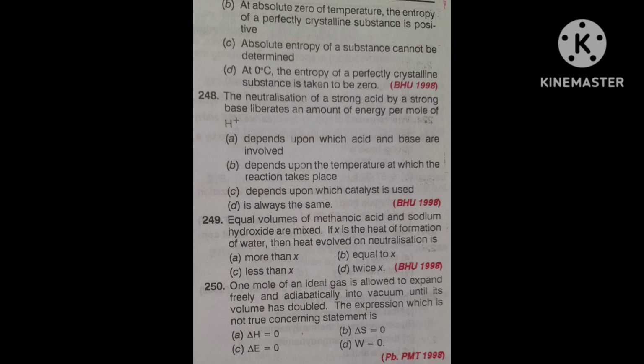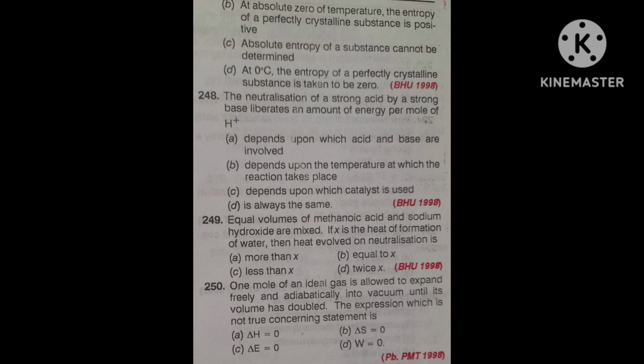Its correct answer is option D, W is equal to 0. Means this is not true. You have to tell the one not true concerning the statement.